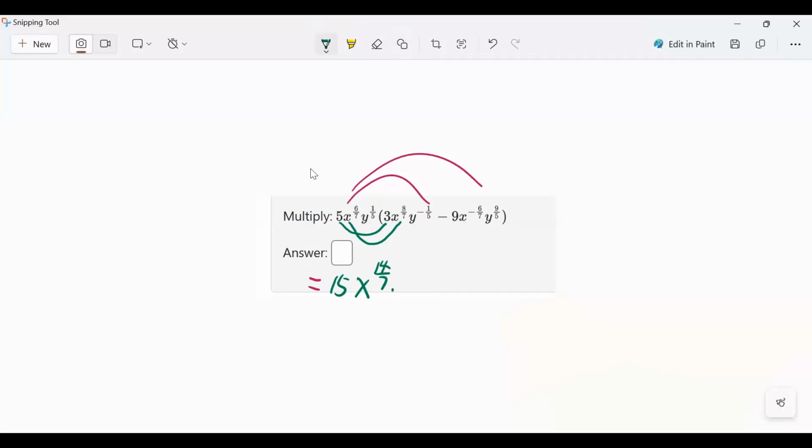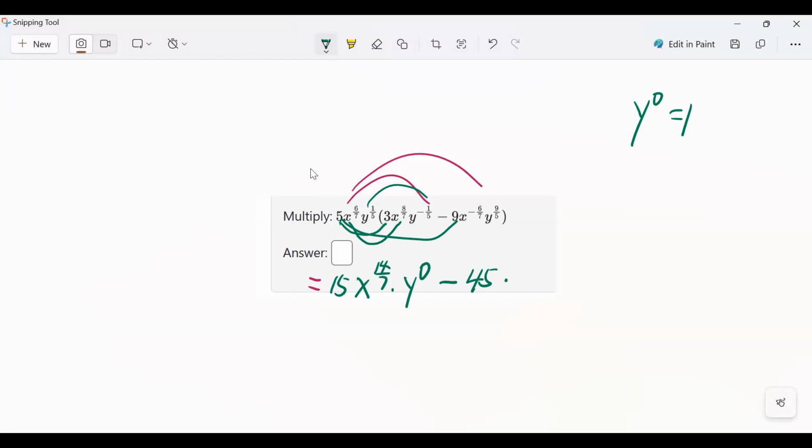And then for the y, y to the 1/5 times y to the negative 1/5, that becomes 0. Any variable to the 0 power becomes 1, right? So y to the 0 becomes 1. And then similarly for the second term, 5 times -9 is -45. Then we move on to the x variable, x to the 6/7 times x to the negative 6/7.